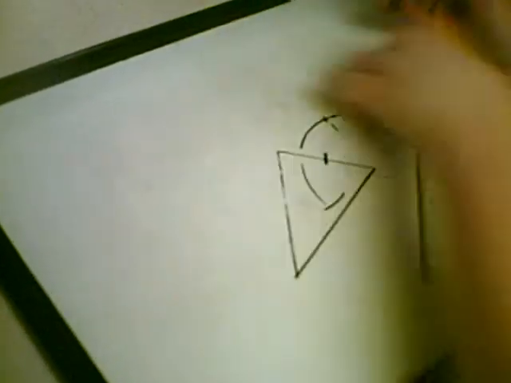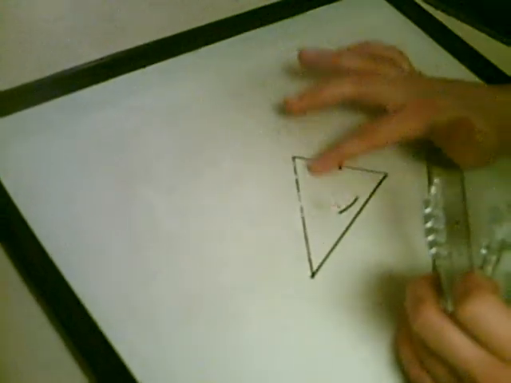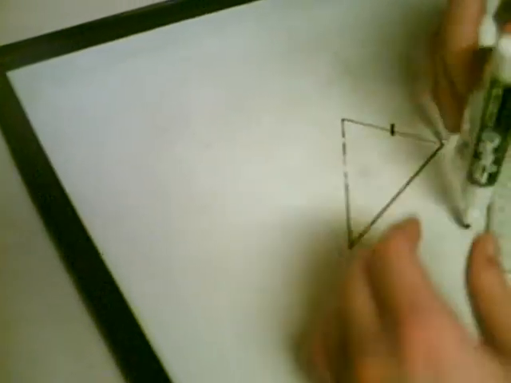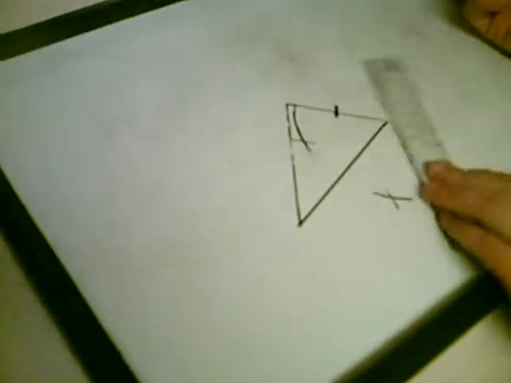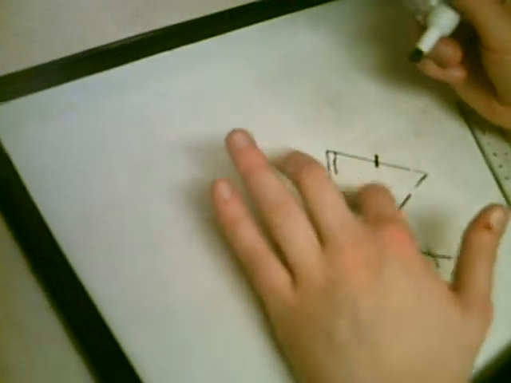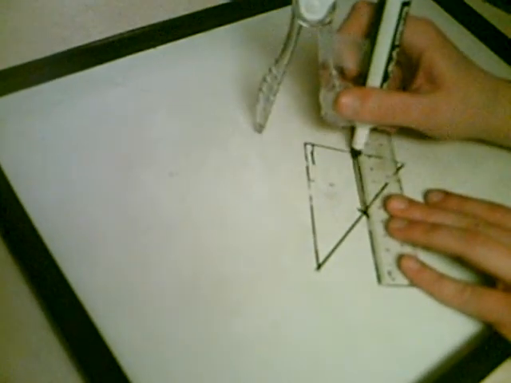Just to keep myself from getting confused, I'll erase the construction marks. Now I want to find it of this line. And right there is my other midpoint. Connect the two midpoints, and that's called a mid-segment.